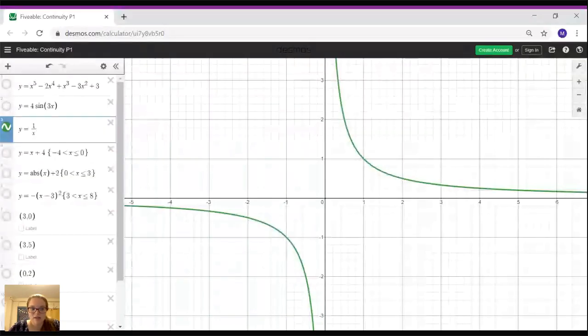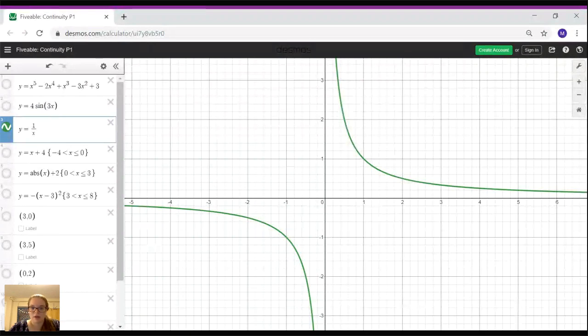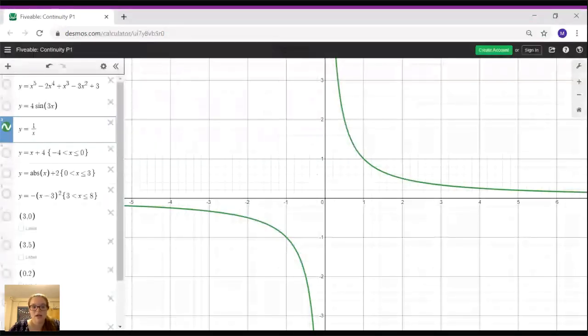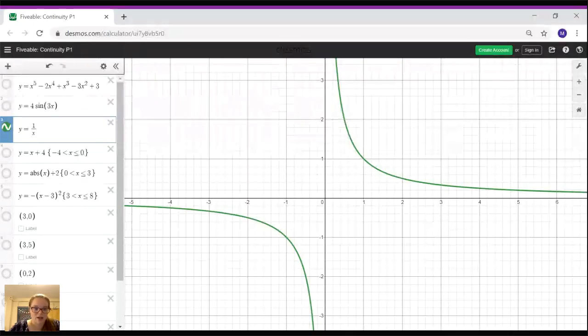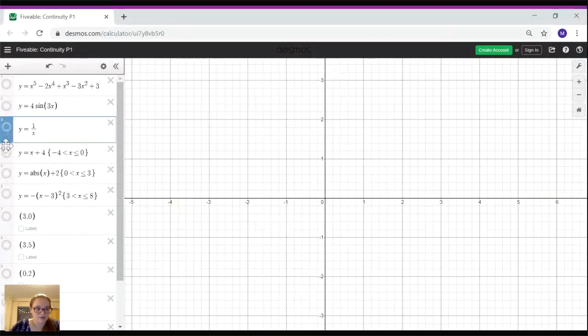This is continuous except at x or y being 0. Okay, so again, we're looking for making sure that we're within our domain when we are solving problems with this function. So we do have points where the function is not continuous, but there are a lot of places where you could have a piece of a continuous function. So we just have to check the point, make sure we are continuous at that point. And if not, then we can say no. If we are, then we're good. Okay, this next one's going to take me some time. I've got to click all of the rest of these open.